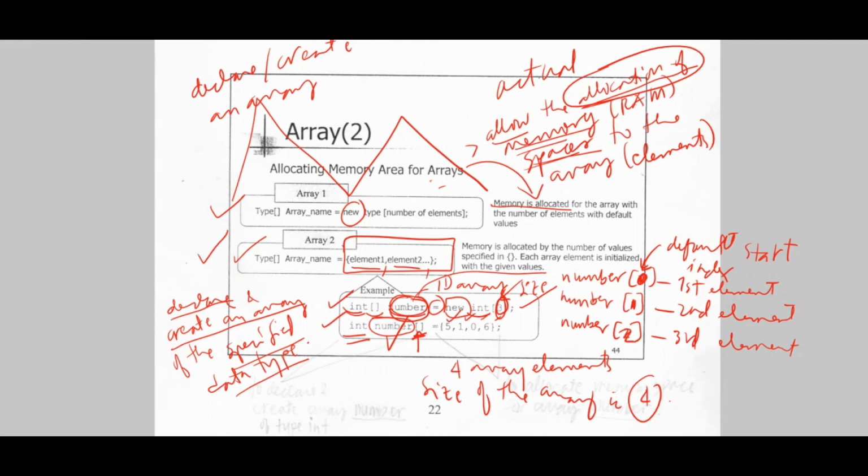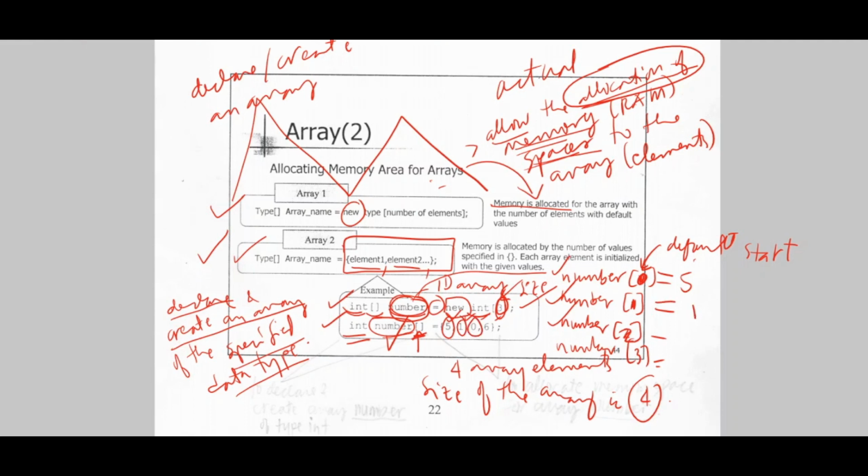So number in this case has 4 elements. These four elements are number 0, the first element, number 1, the second element, number 2, the third element, and number 3, the fourth element. The initial value of number 0, the first element, is set to 5. The second element, number 1, is set to 1.